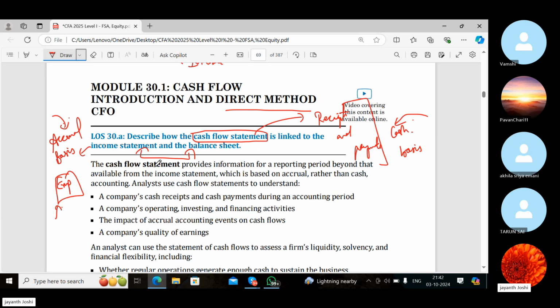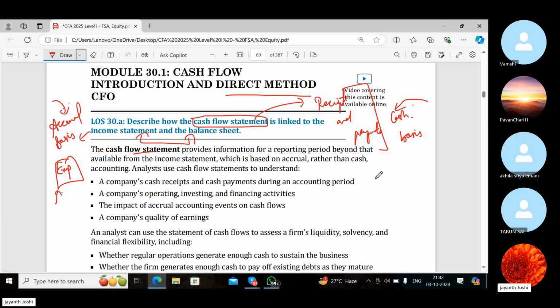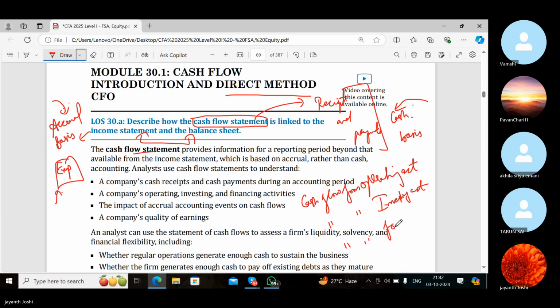Now coming to the cash flow statement, when you prepare one, you divide the cash inflows and outflows into three activities. One is the operating activities, so we call it cash flow from operating activities, then cash flow from investing activities, and the third is cash flow from financing activities.